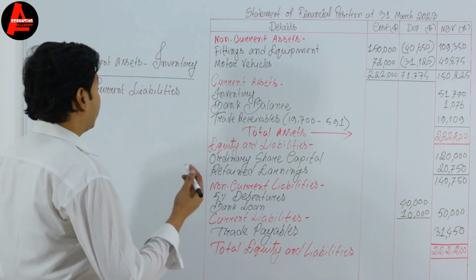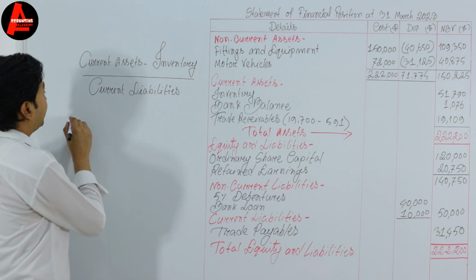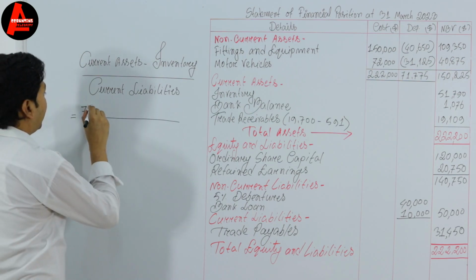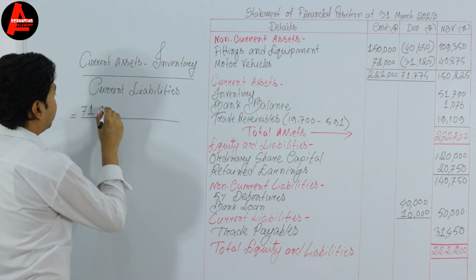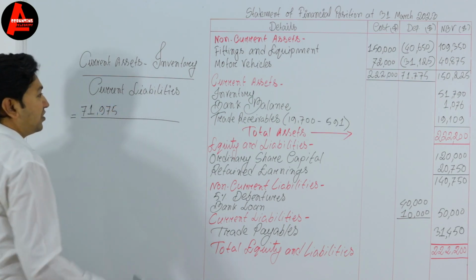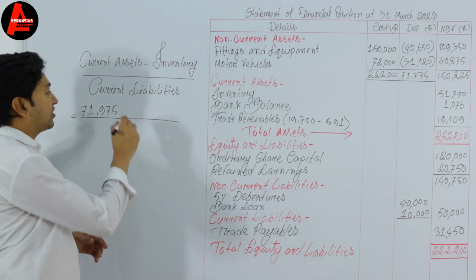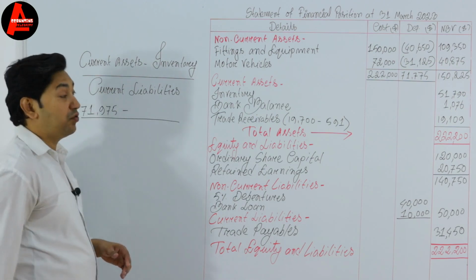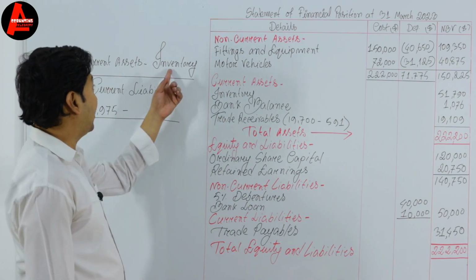If we sum up these 3 amounts, we get $71,975. From this total current asset we will subtract inventory, right?